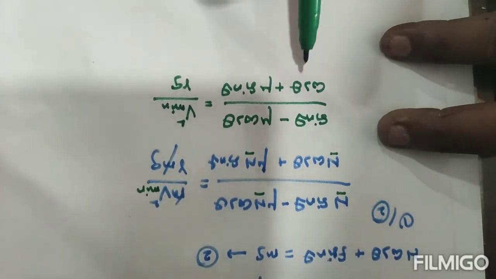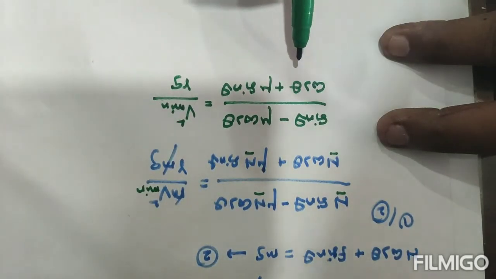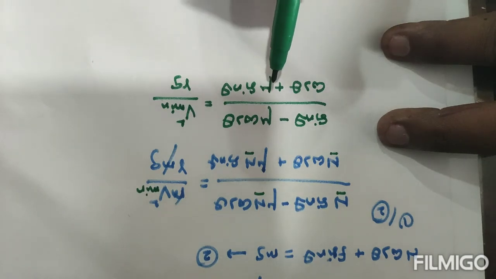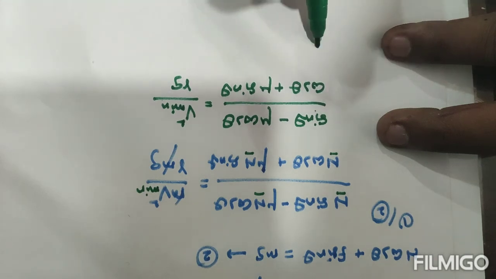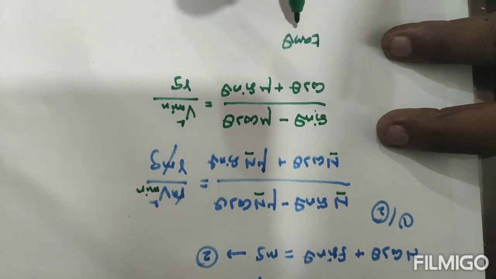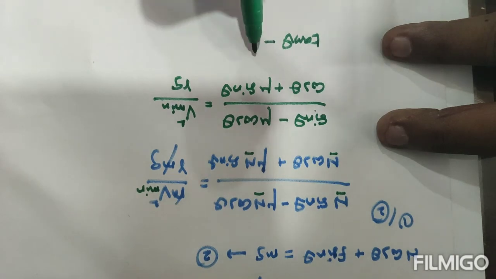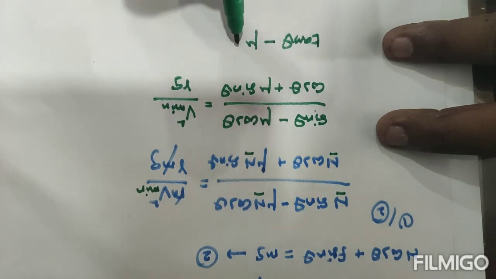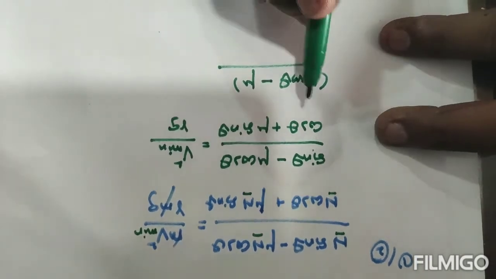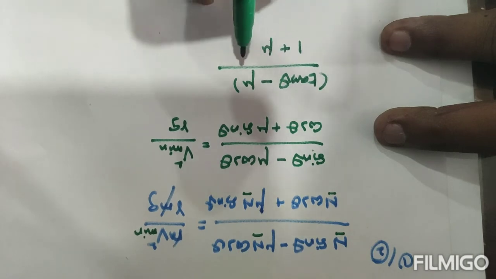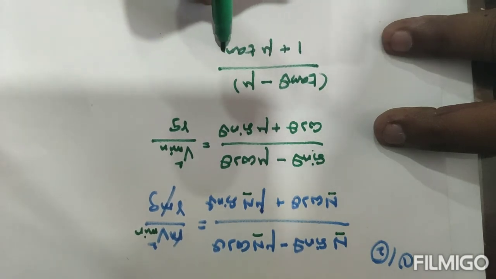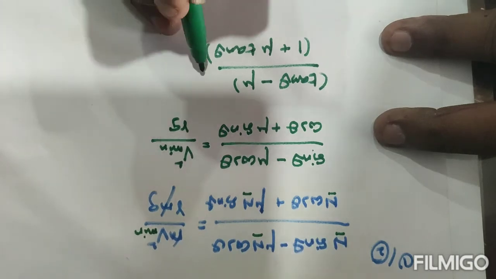Okay, then divide both sides by cos theta, that is 1 by cos theta, both numerator and denominator. So here sin theta divided by cos theta we can write tan theta, then minus mu into cos theta divided by cos theta is 1, then cos theta divided by cos theta is 1, plus mu into sin theta divided by cos theta is tan theta.